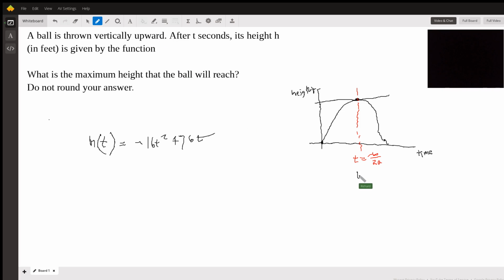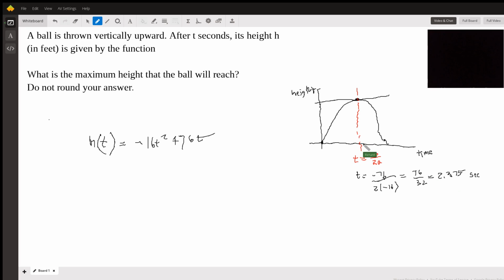So t is negative b, so that'd be negative 76, over 2a, so that'd be 2 times negative 16. When I put that in my calculator, I get 76 over 32, and that gives me a time of 2.375 seconds.